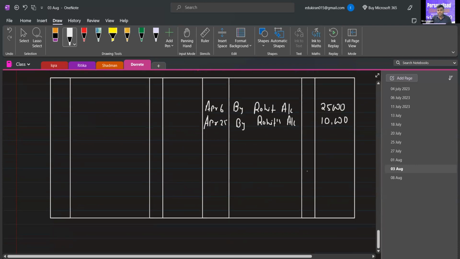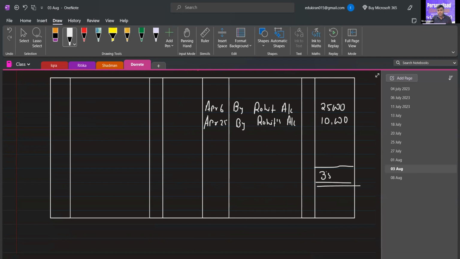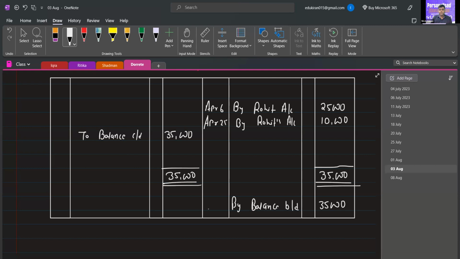Now the sales account. 35,000, and to balance CD 35,000 and by balance BD 35,000.